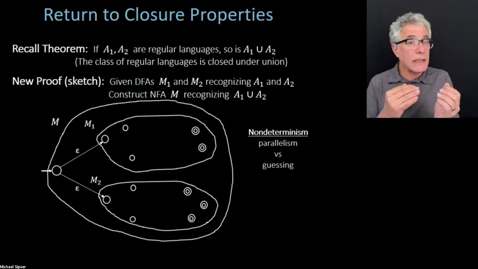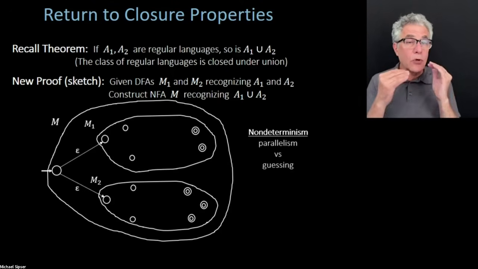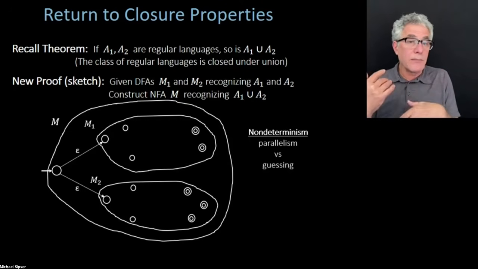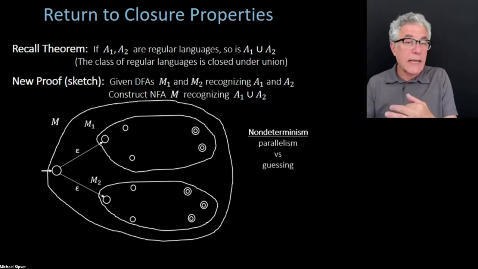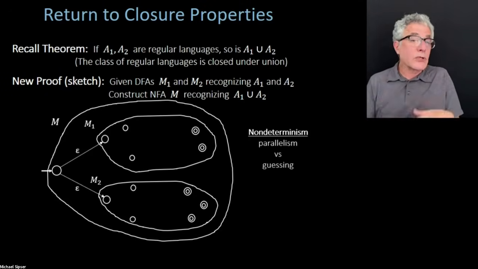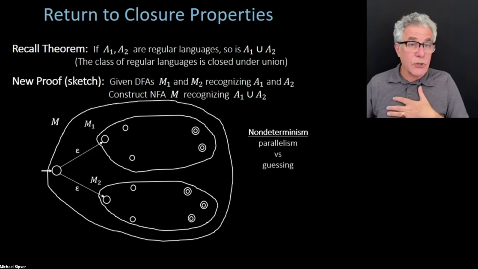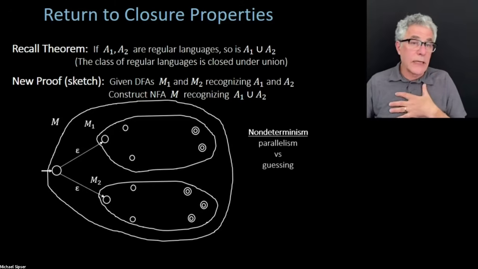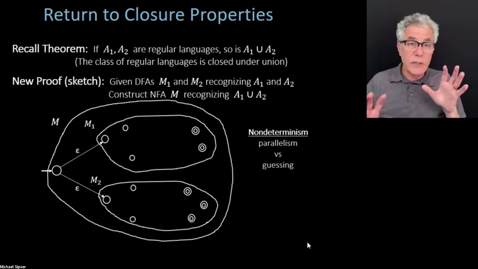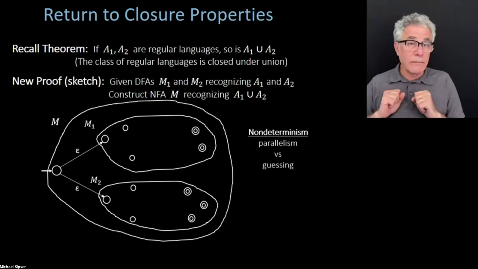And the magic of non-determinism is that it always guesses right. So if that input happens to be an input that's going to be accepted by M2, M is going to guess that M2 is the right way to follow, and it's going to go in the M2 direction. Because with non-determinism, the magic is you always guess right.